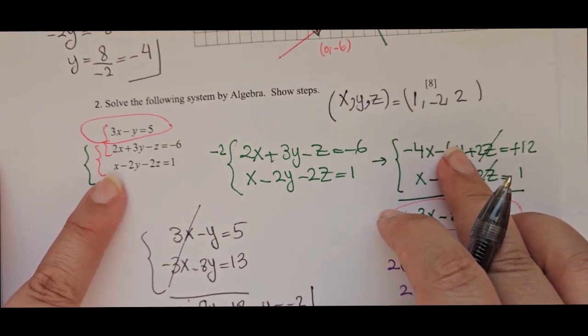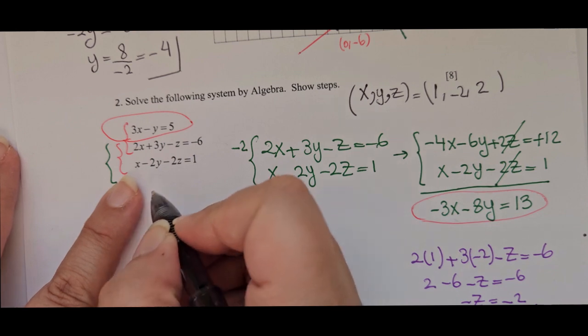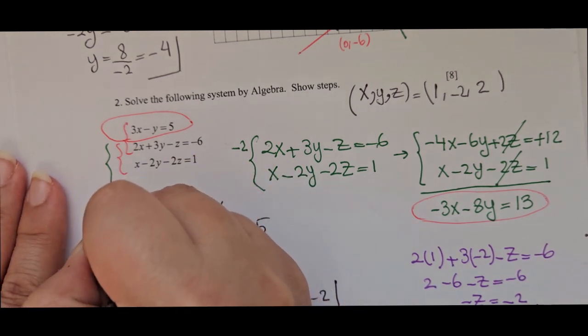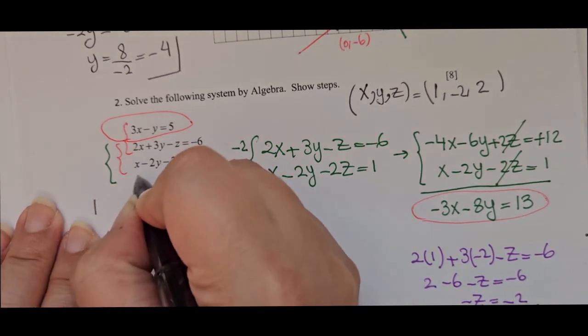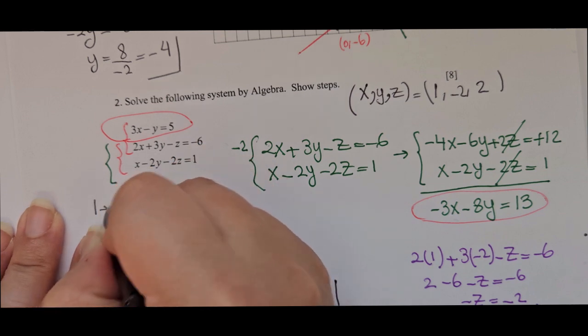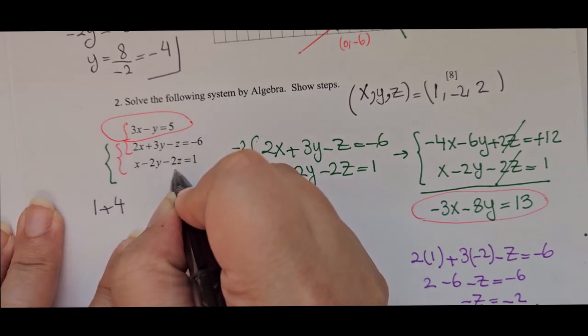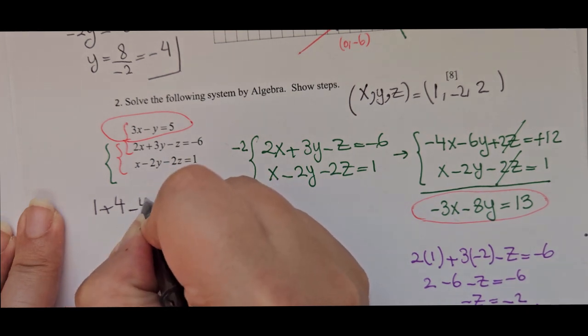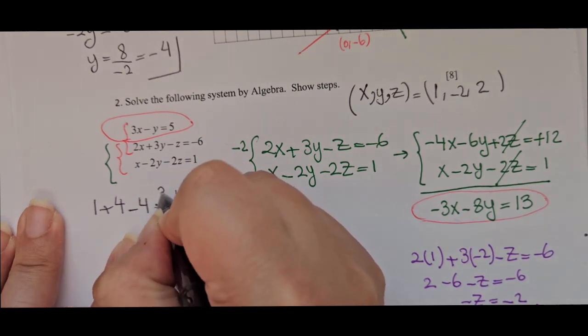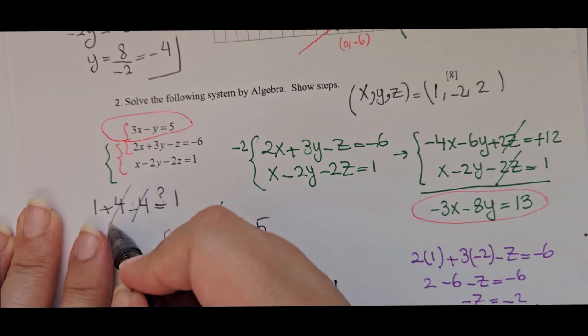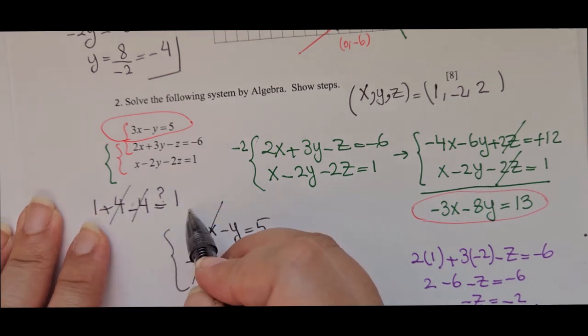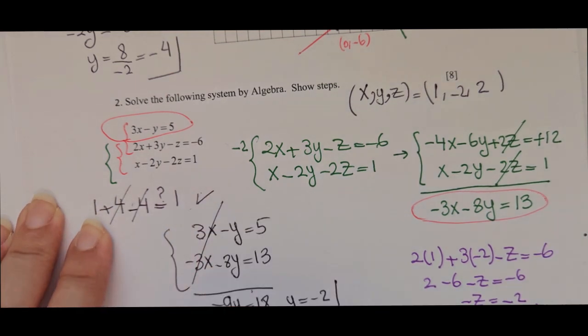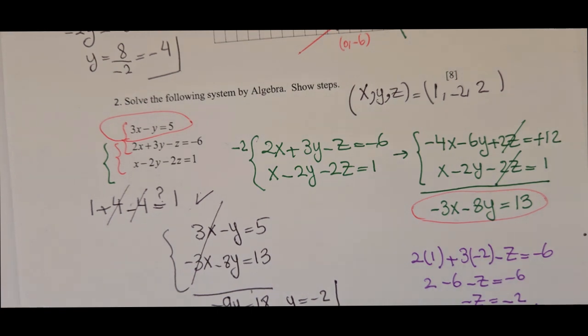Let's plug them into the third equation and make sure we are correct. So x is 1, y is negative 2 times negative 2, it's plus 4, and z is negative 2 times 2, which is negative 4, and it must be equal to 1. Let's see, this and this will cancel out, and 1 is equal to 1. That means the values we found for x, y, and z are the exact values.